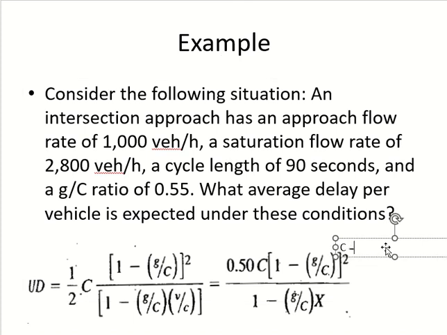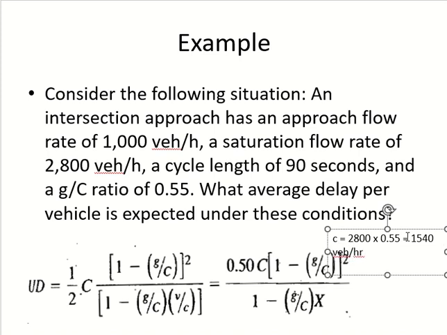Okay, capacity is saturation flow rate, which is 2800 into G by C ratio, which is 0.55. So how much is this? 1540.